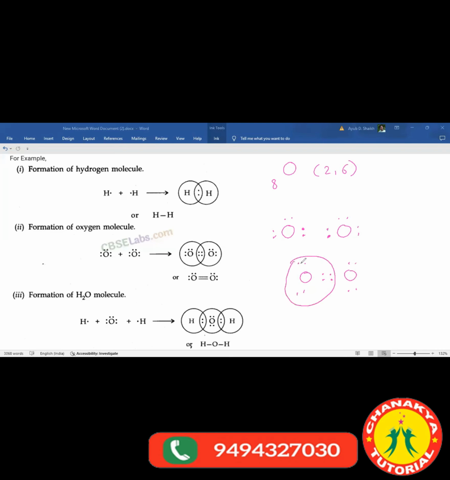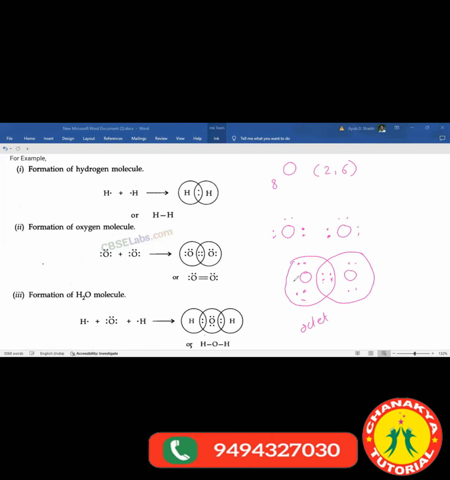These 4 electrons and these 4 electrons would revolve around this oxygen. At the same time, the middle 4 electrons also revolve around the other oxygen. So if you count the number of electrons around the oxygen, it would be 1, 2, 3, 4, 5, 6, 7, 8. It completes the octet. Then 1, 2, 3, 4, 5, 6, 7, 8. It also completes the octet, right? And hence it is a covalent bond to complete the octet.